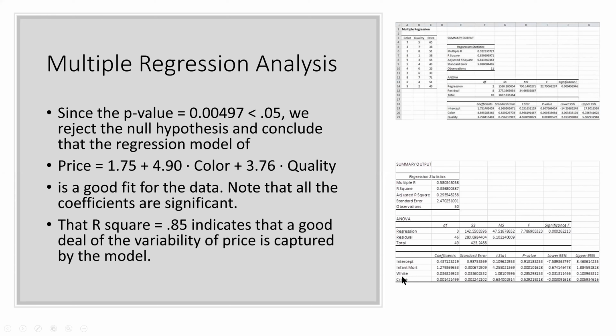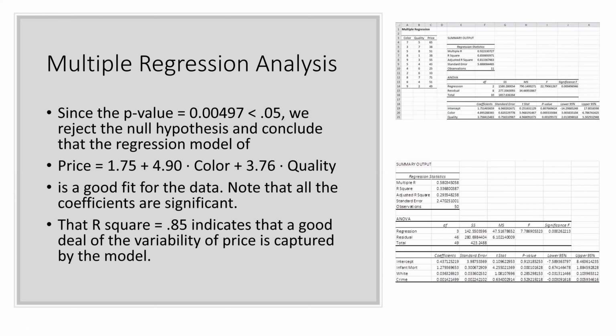And then you can also keep white and crime and drop infant mortality out and see how that affects the adjusted R squared. So you do that for all 3, one by one, and see which one will give the highest R squared, and then we will keep that model. Suppose crime should be out, and then you keep infant mortality and white. Then you have 2 in the model.